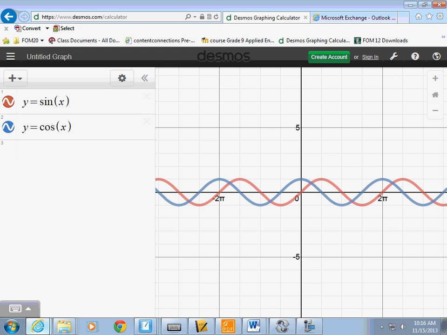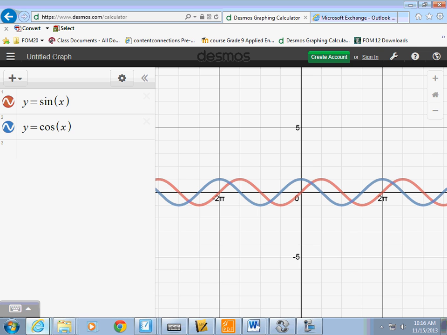So at 0 degrees, my cos value was 1. At pi over 2, it's at 0. At pi, where am I? Right back here.